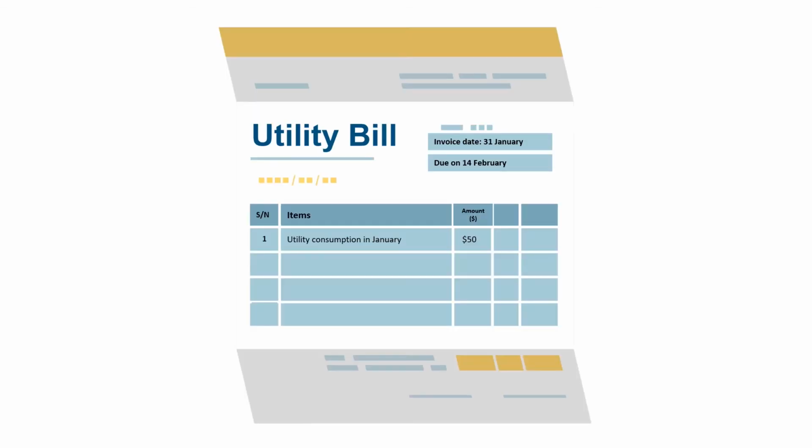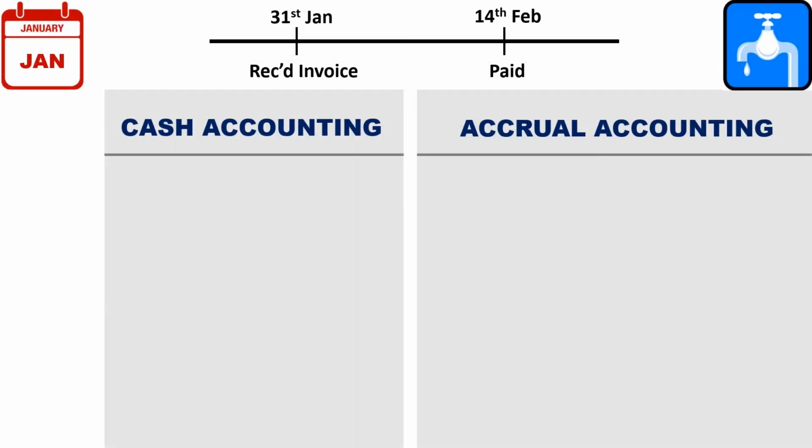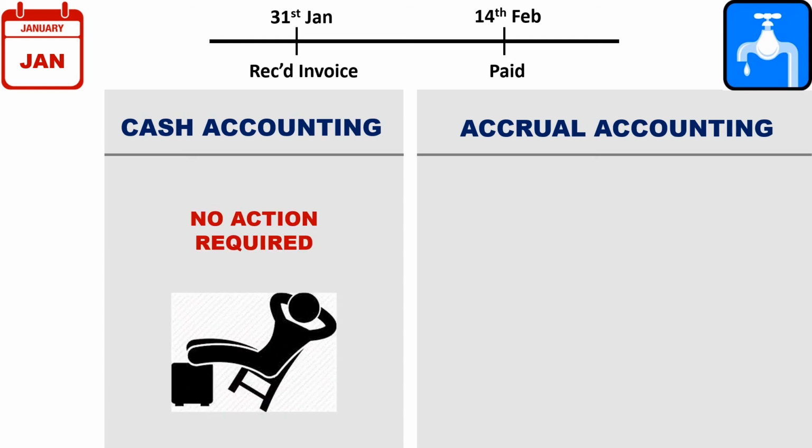Assuming Bob has received the January utility bill on the 31st of January and he paid the bill on the 14th of February. How should Bob record this transaction? Under the cash accounting, since Bob has yet to pay the utility bill in January, he does not need to record anything in January.